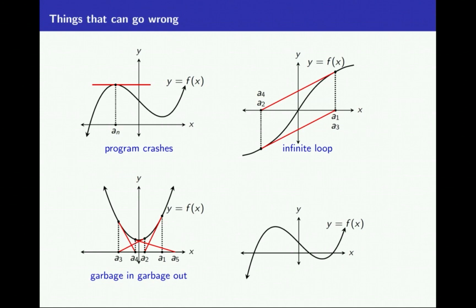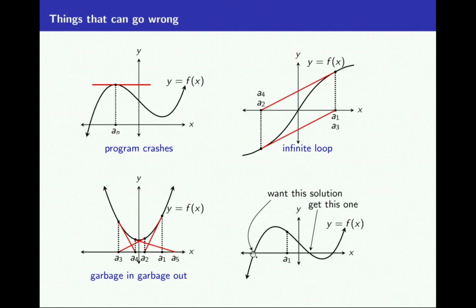Another pitfall is this. Suppose you have an equation that does have solutions, and maybe you're looking for this solution right here. You take a guess that's pretty close to that, like this a sub 1, and you're trying to get this solution, but look at what linear approximation does. It takes you down here. You cross the x-axis right there, and you can see that when you apply Newton's method with a sub 1 as your starting point, you're going to get this solution.